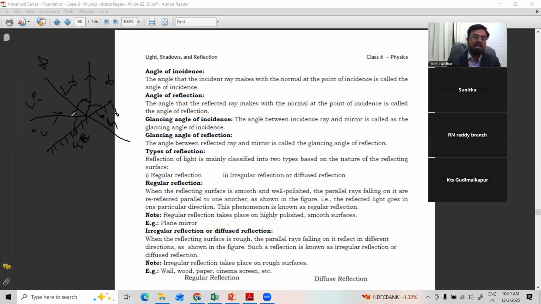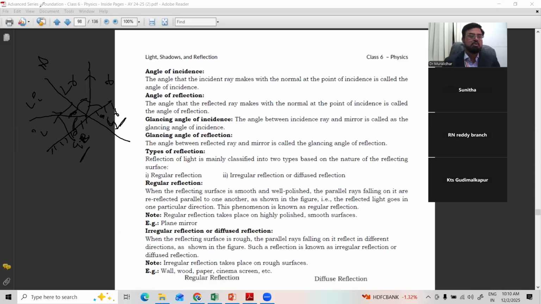This angle made with the normal is called angle of incidence. The angle made by the same incident ray with the mirror is called glazing angle of incidence, and likewise glazing angle of reflection. See, this total is 180 degrees. The angle made by the mirror with the normal is 180 degrees. In that, this is one angle, this is one angle. Very interesting.